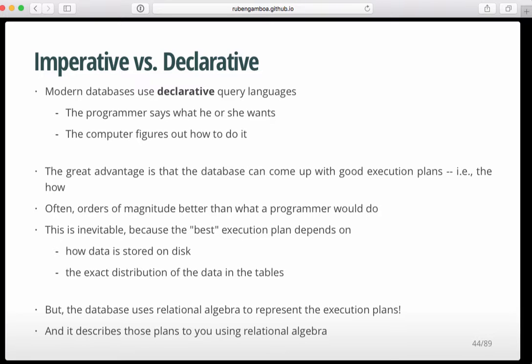Okay? So a database system is very good at coming up with good execution plans. That's the how part. And what I mean by good, I mean orders of magnitude better than what you would have done on your own. And I am not kidding. Because it's very hard to do even simple things like sorting the elements of a file.